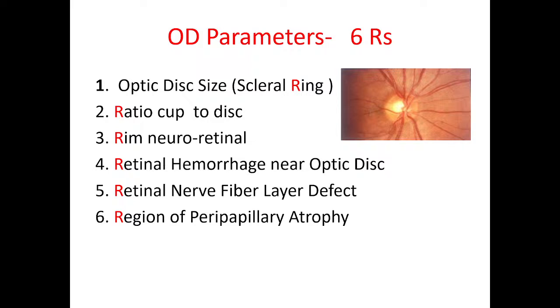So we see the cup to disc ratio: how much of the disc area is occupied by the cup. Normally it is 0.3 or 0.4. It may increase to 0.8, meaning 80% of the disc is occupied by the lamina fibrosa cup, and only a few fibers remain at the periphery. So an increase in the size of the cup is a sign of glaucoma, because the axons die and the leftover space becomes larger. If healthy fibers are passing, the cup will be smaller.